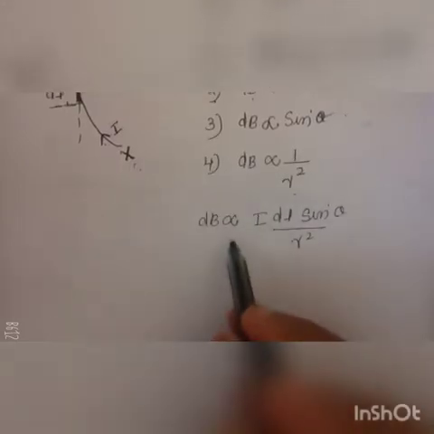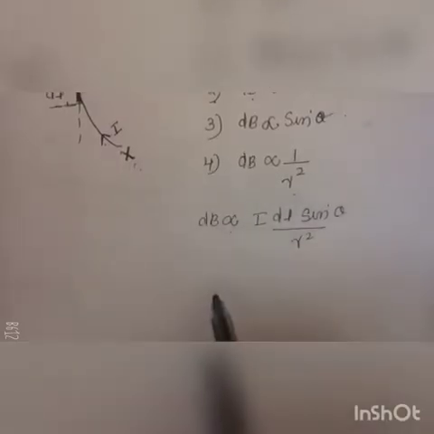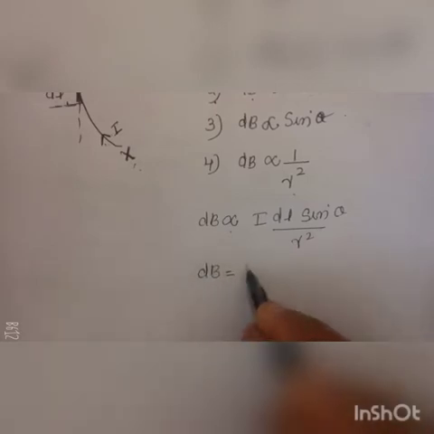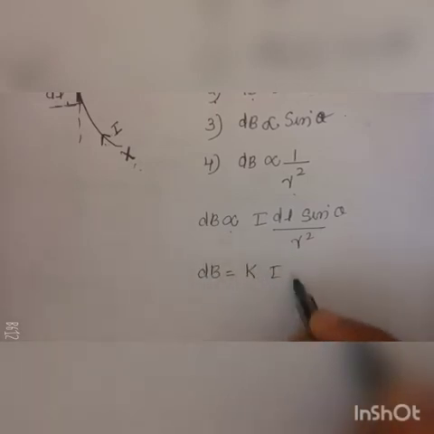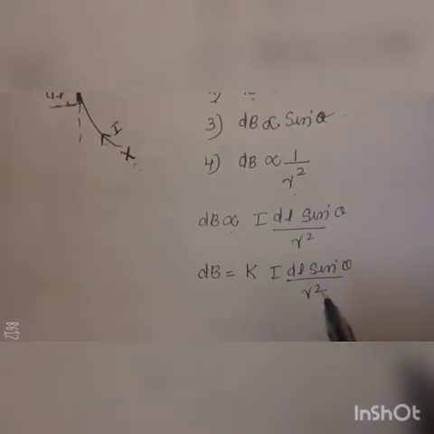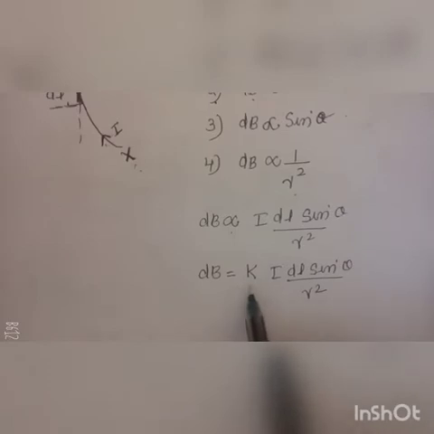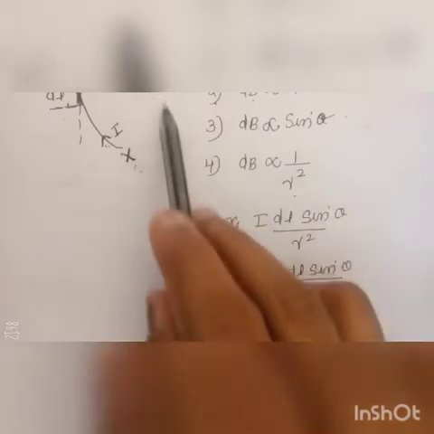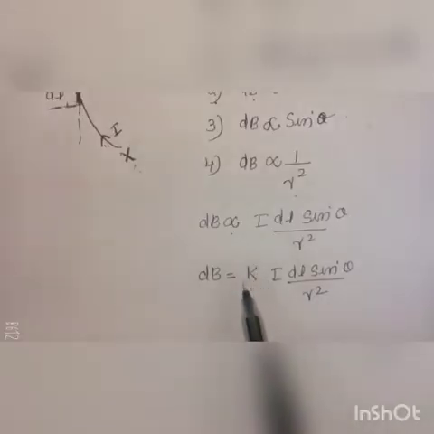Then how can we remove the proportionality? We equate it with a constant k, so dB is equal to k into I dl sine theta divided by r square. Here k is a constant that depends on the medium between the point P and the current element and the system of units chosen.